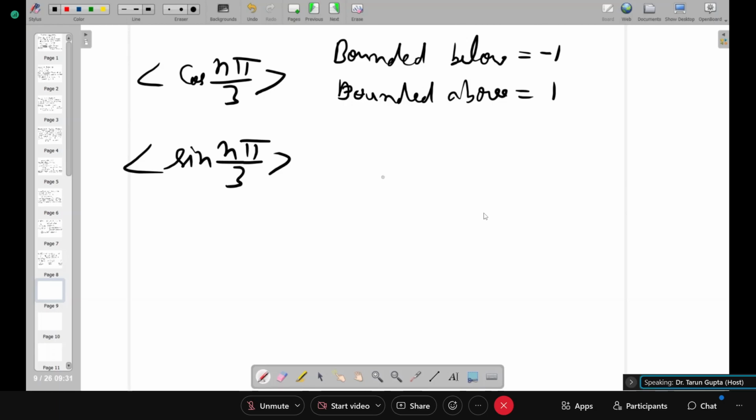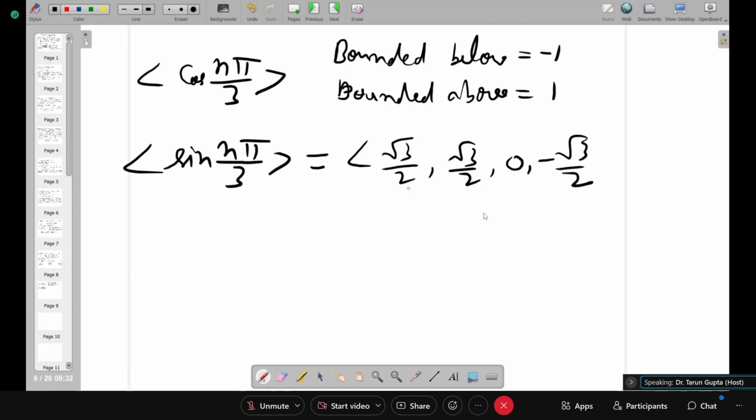Actually, the bounded above element and bounded below element are not unique. Because we know the sine and cos functions are always bounded by -1 and 1. So that is also a bounded below and bounded above element for the sine and cos terms. But if you see the range set, if you find the terms of the sequence, then here we get root 3/2, root 3/2, 0, again -root 3/2.